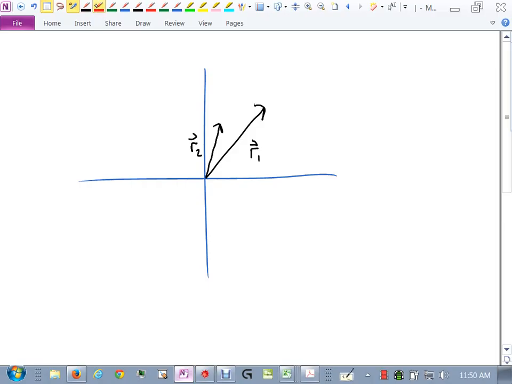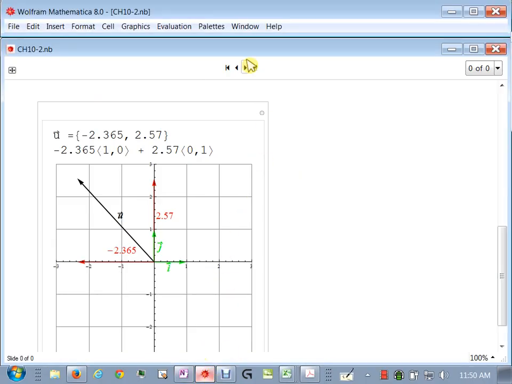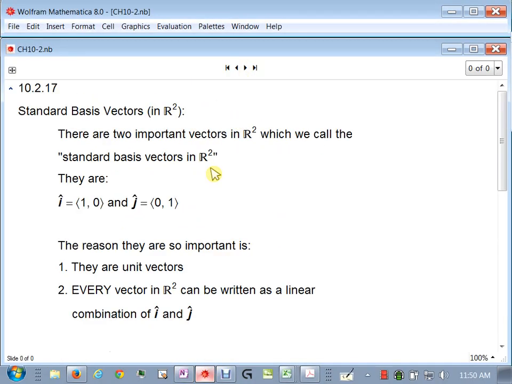So if I come up with any vector in R2, I should be able to create that vector by some linear combination of these two. I can get to here by pasting tip to tail and scaling by appropriate things to get to the tip of that red one. So those two vectors are also a basis. But the basis we're talking about here is called the standard basis, the one we always like to use.